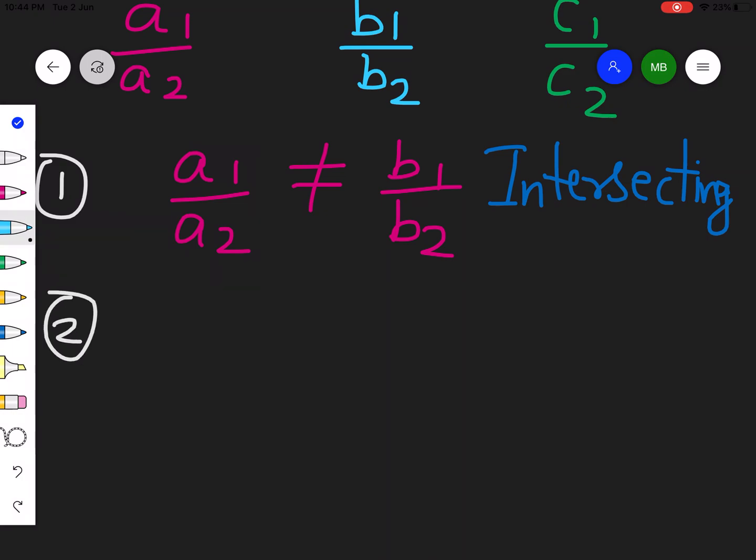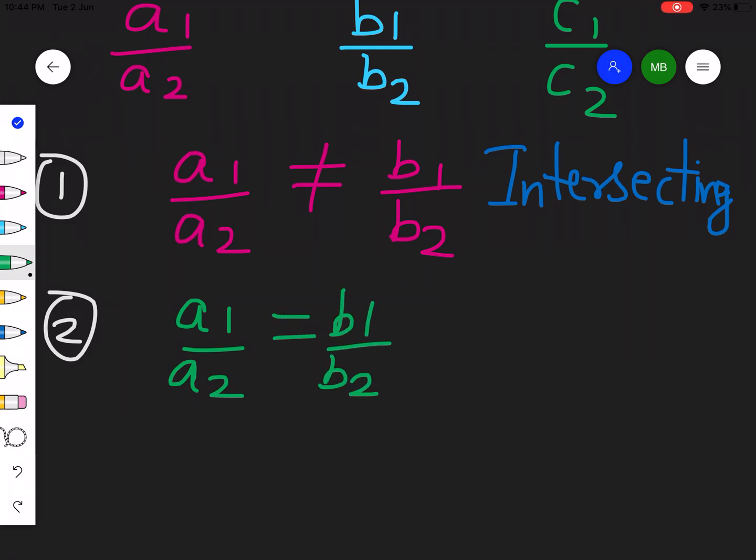Now what is the second possibility? Let's say you compared the ratios and found that the ratio of coefficients of x is the same as the ratio of coefficients of y. Then can we draw some conclusion? No, then you have to look at the constant terms. Here there are two possibilities.